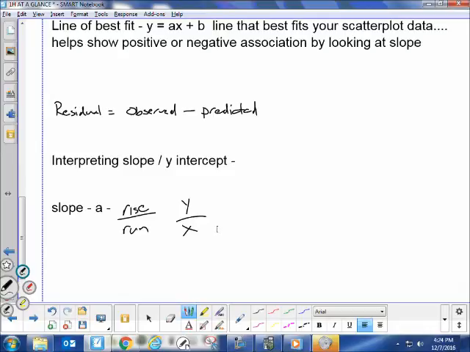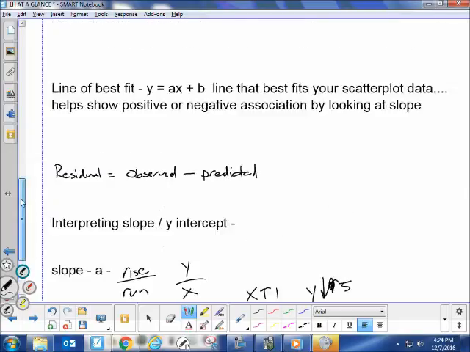That means if x goes up 1 unit, and typically we'll have a is equal to 5, I write that as 5 over 1. As x is going up 1, y will go up 5.